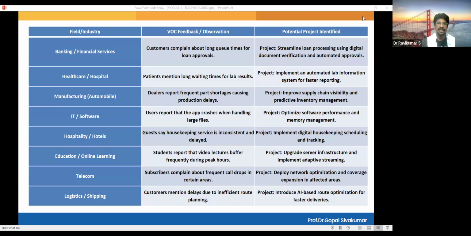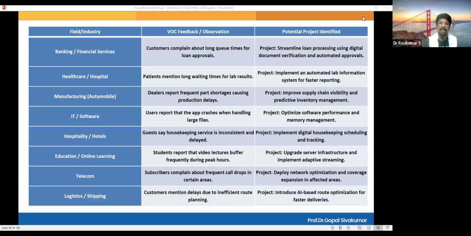Okay, let us go to logistics and shipping. Customers mention delays due to inefficient route planning. So let us introduce a new program which uses AI for optimizing the routes to deliver the products faster. Similarly, you can pull up lots of VOC from different sectors to identify projects.